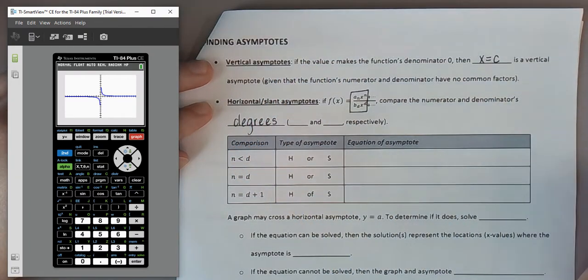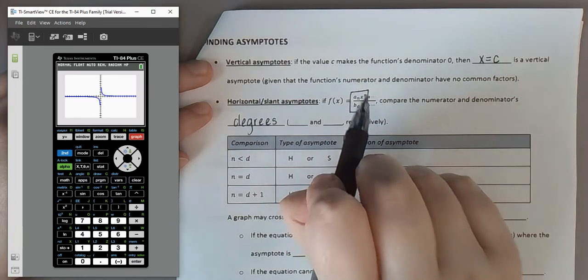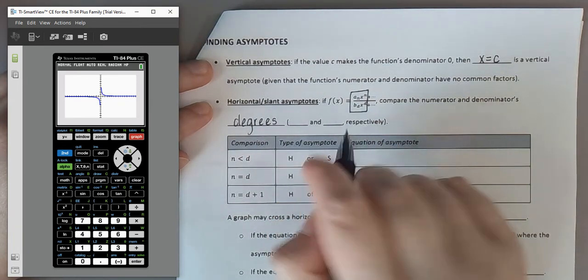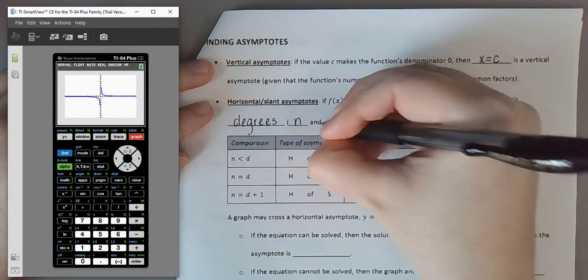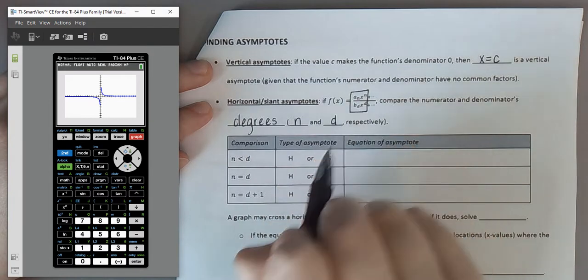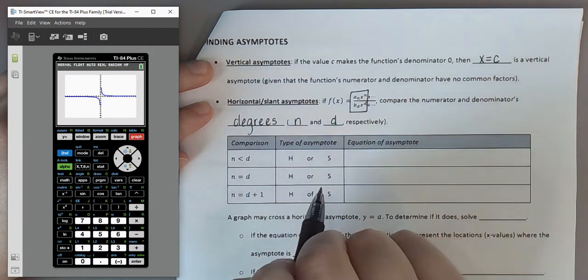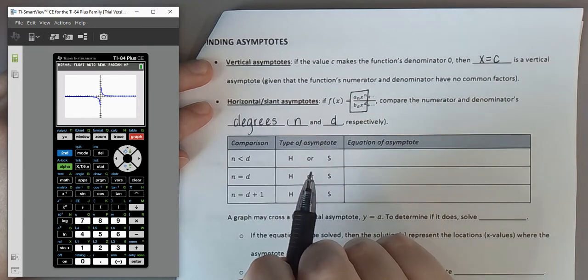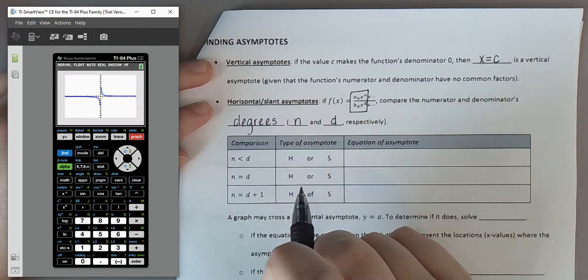What does degree mean? Well, remember, degree is going to be the highest exponent. So the highest exponent in the numerator, the highest exponent in the denominator. We're going to call those n and d, respectively. So n, highest exponent in the numerator, d, highest exponent in the denominator. Now, in terms of comparing, we're determining which one's larger, which one's smaller.